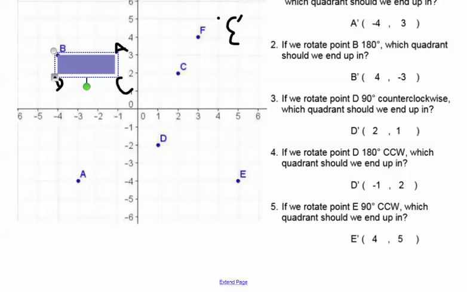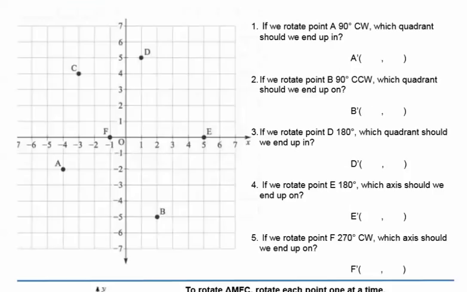Looking at the letters really helps you determine if it's just a slide, a reflection, or a rotation. On the back, you're going to practice first with just regular points again. Make sure you're rotating your paper and writing down your new point.